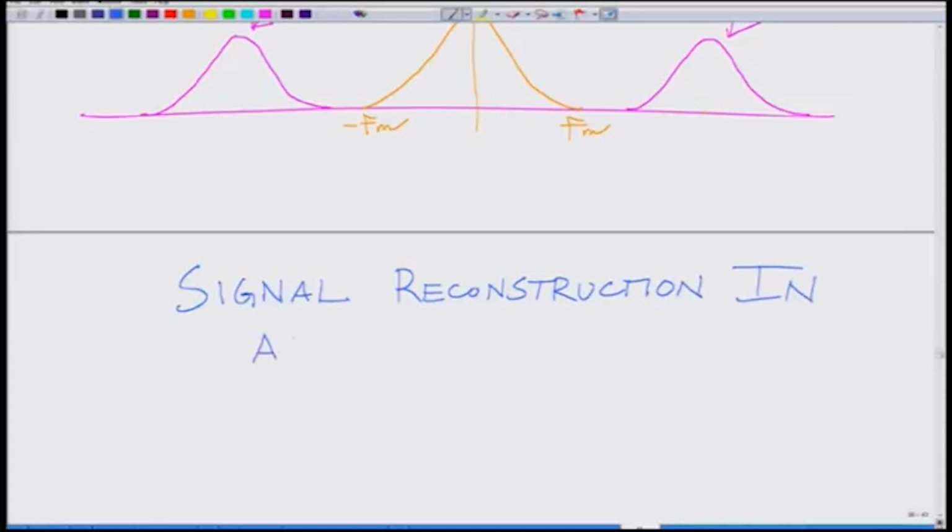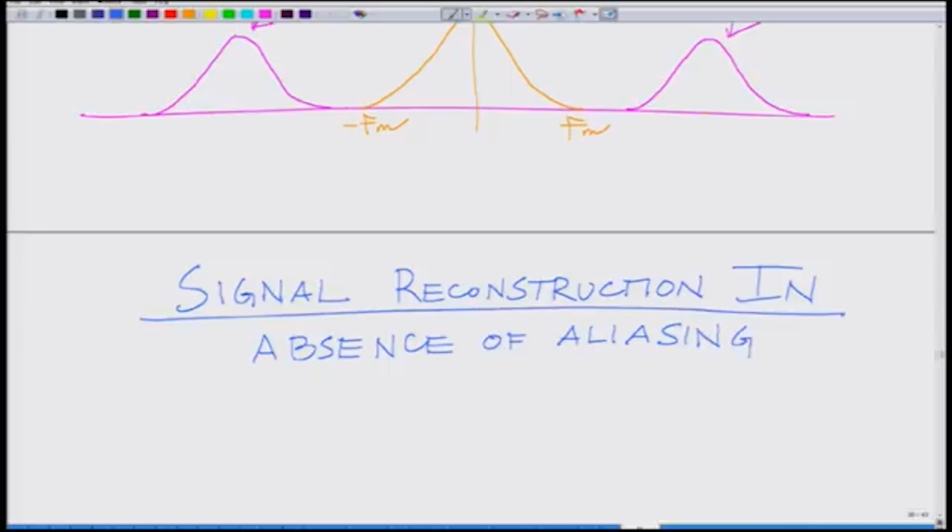Absence of aliasing naturally means that your Fs is greater than or equal to twice Fm.